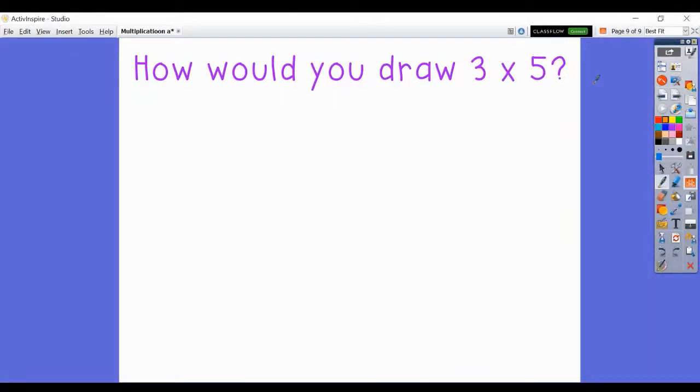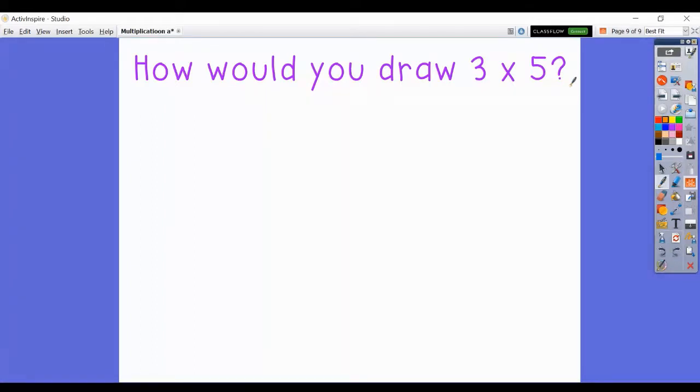Now, the last problem we're going to look at is going to feel very similar to the problem we just did. It says, how would you draw 3 times 5? When we read this, we read 3 groups of 5. With multiplication, you can flip-flop the factors, and the math will work out the same at the end, but they are representing 2 different ideas.